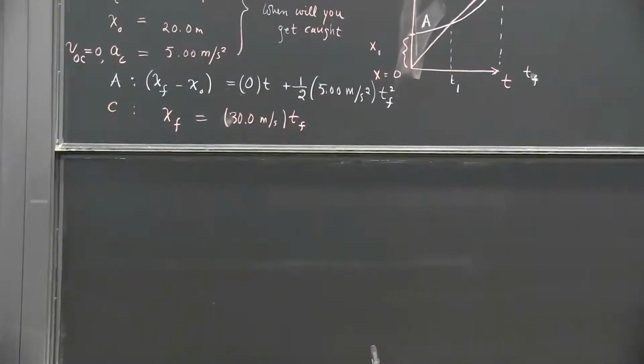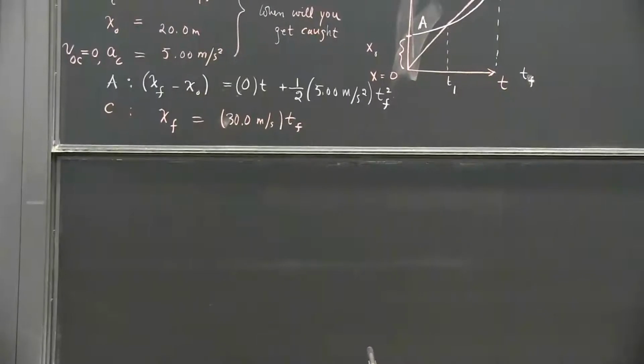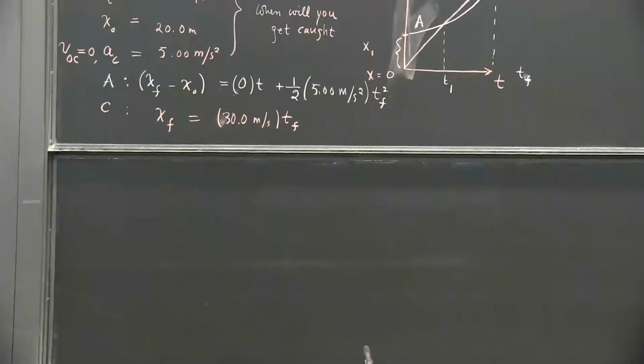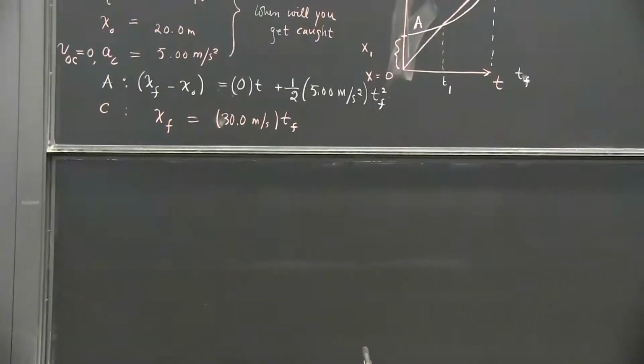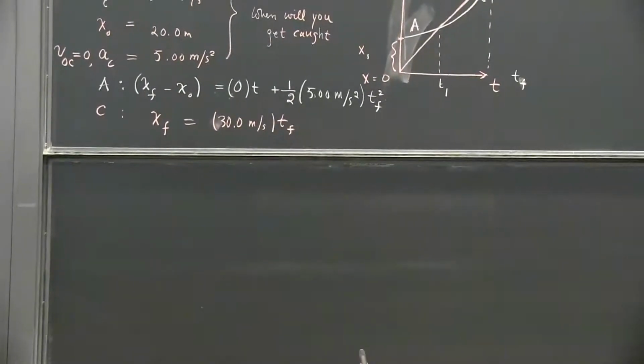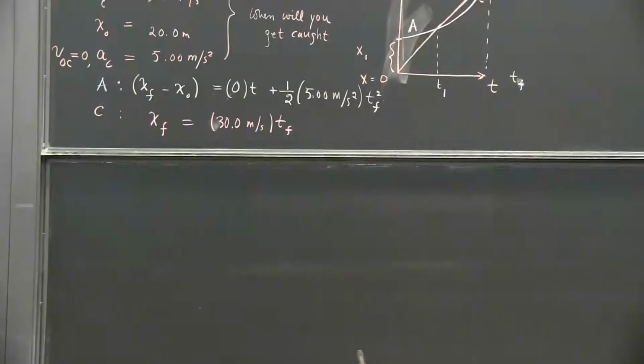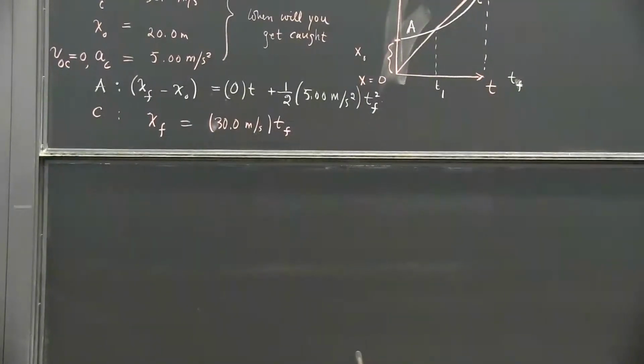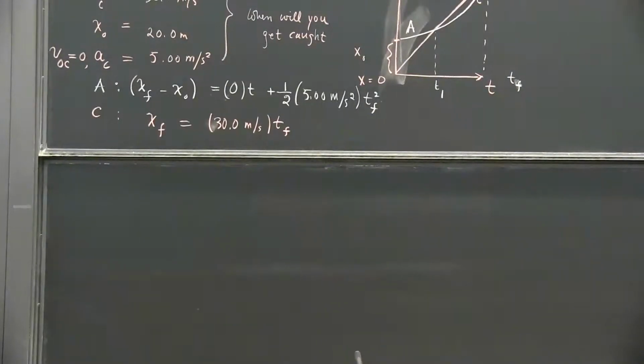You get it perfectly, crystal clear? That's my assumption. Is that correct or not? That means you didn't understand anything. What did you not understand? C is the notation for the car. A is the notation for the cop.